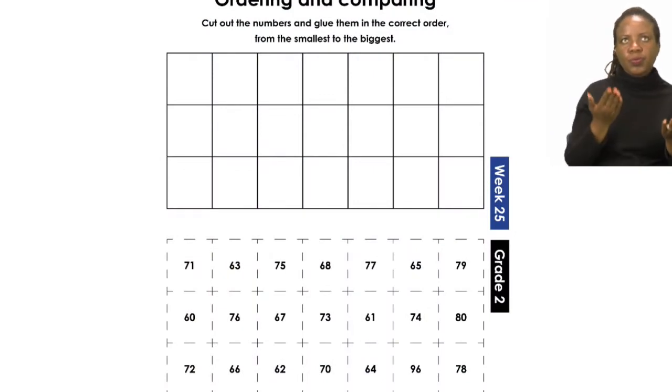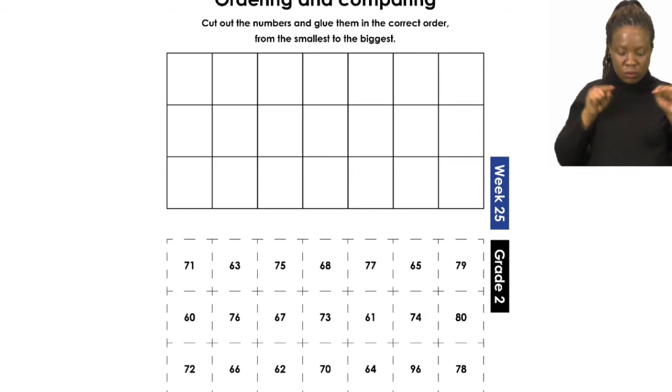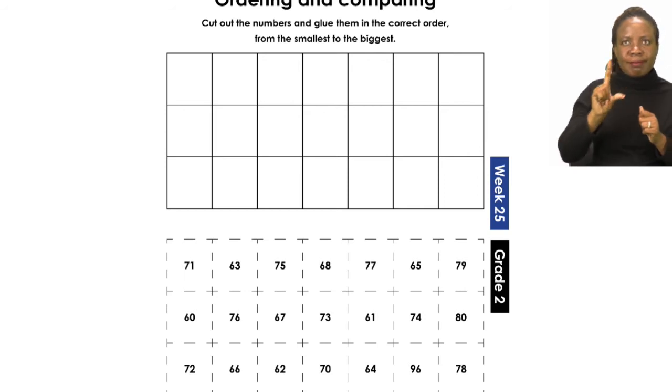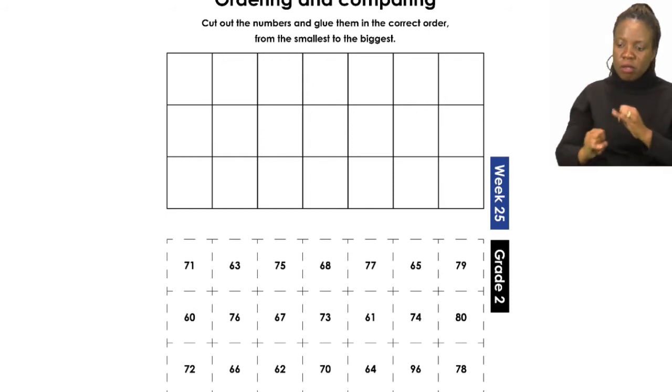Okay, now it says, cut out the numbers and glue them in the correct order from the smallest to the biggest. Remember, from the smallest number to the biggest number.